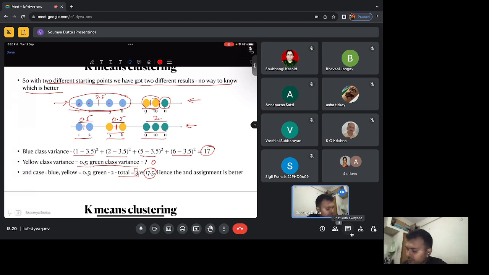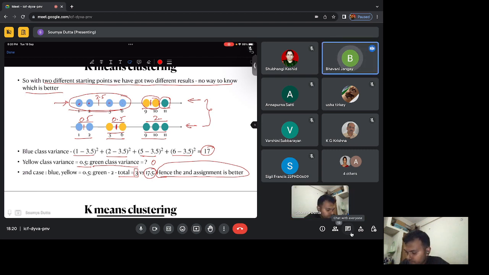So whenever you have two competing cluster assignments, you calculate the total class variance, and whichever assignment gives you a lower variance, you consider to be the better clustering. Hence in this case you can conclude that the second cluster assignment is actually better. Is it clear to everybody, this point?